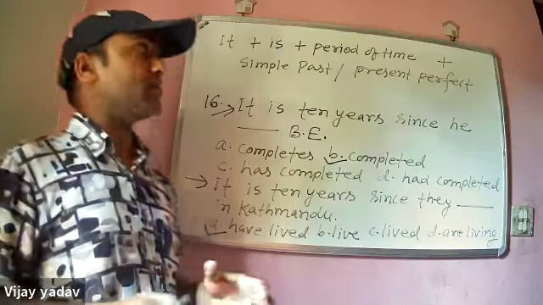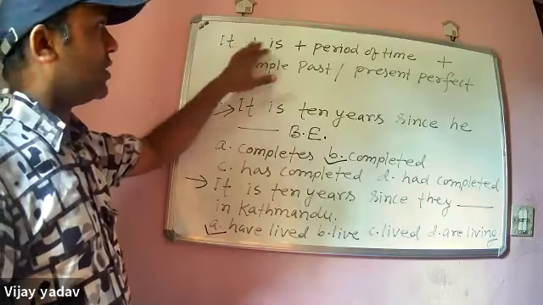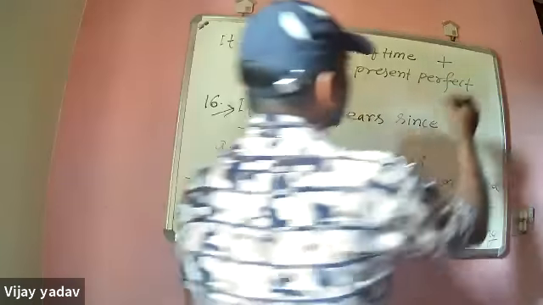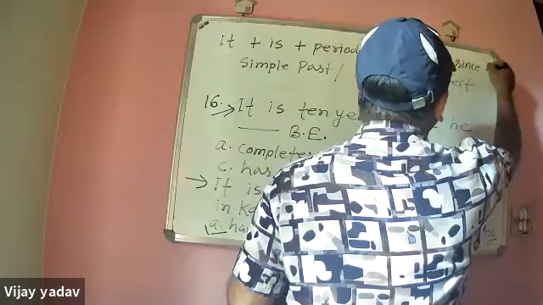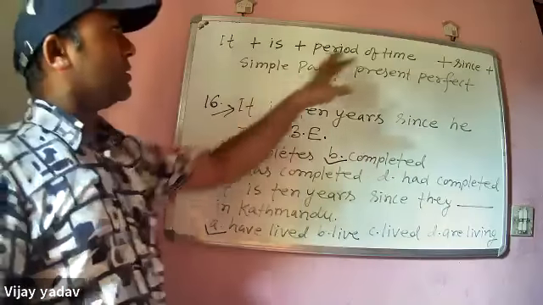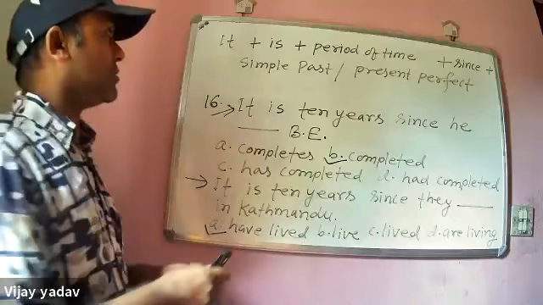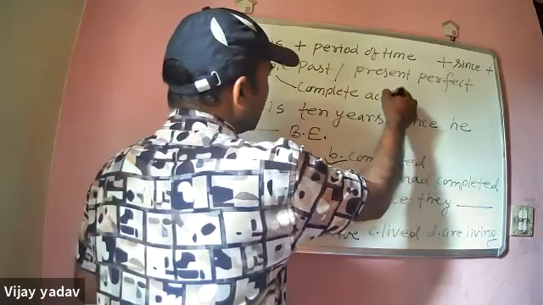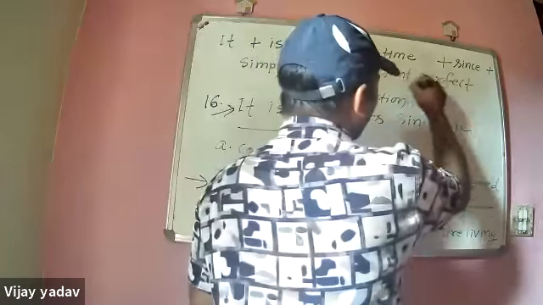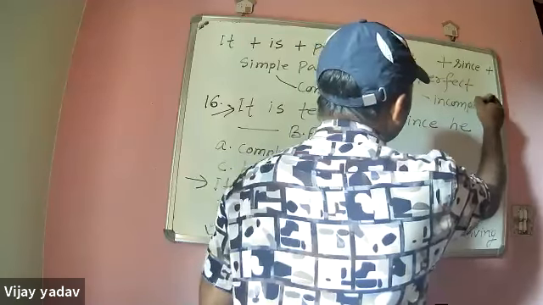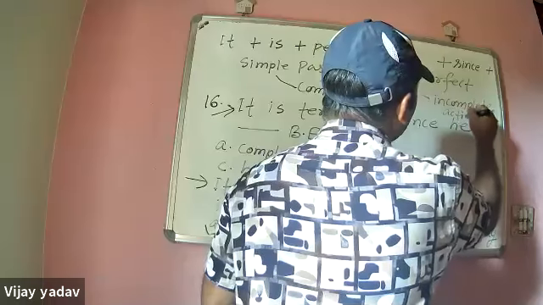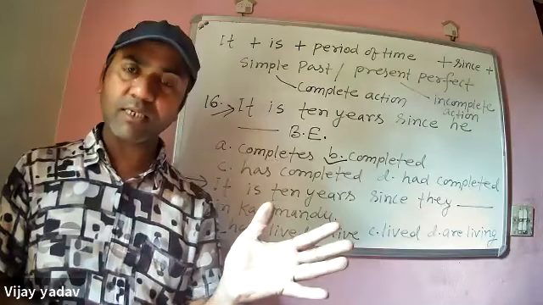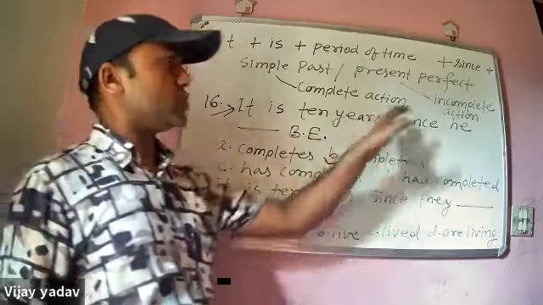The structure is subject it, then each, and then period of time, and then since. After since, for complete action, we use simple past, and for incomplete action, we use present perfect.